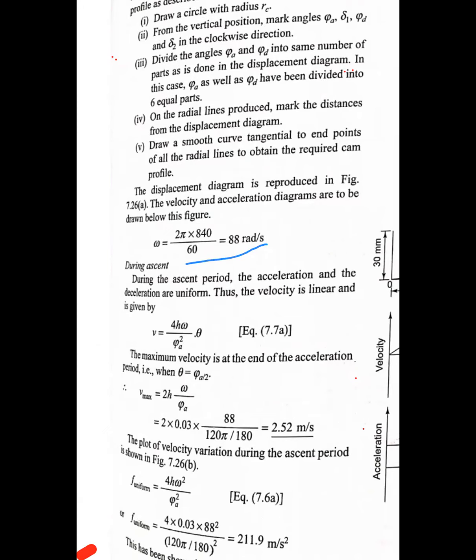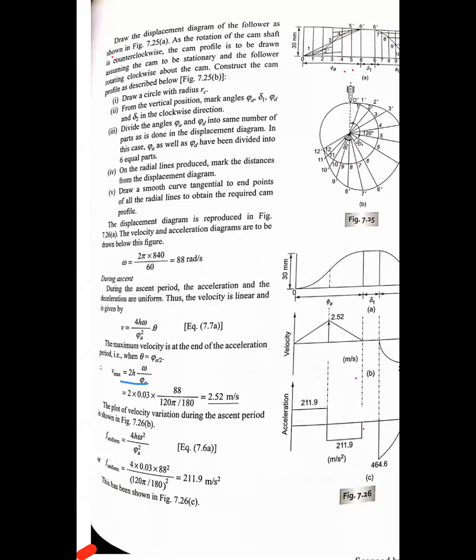The velocity during the outstroke formula, just observe: Vmax equals 2 omega s by theta naught. They are changing the symbols here, so no need to worry about that. And for the return stroke, Vmax is pi omega s by theta naught.